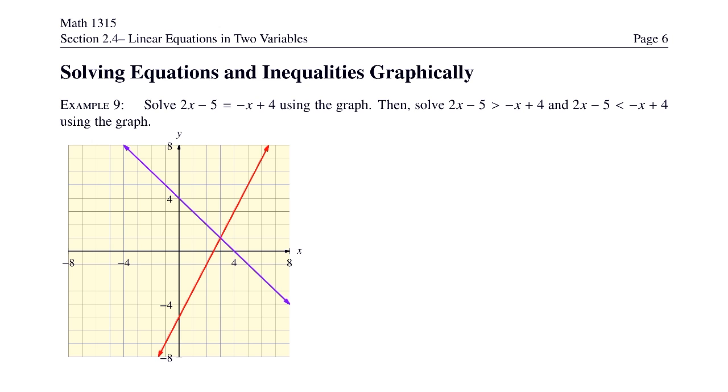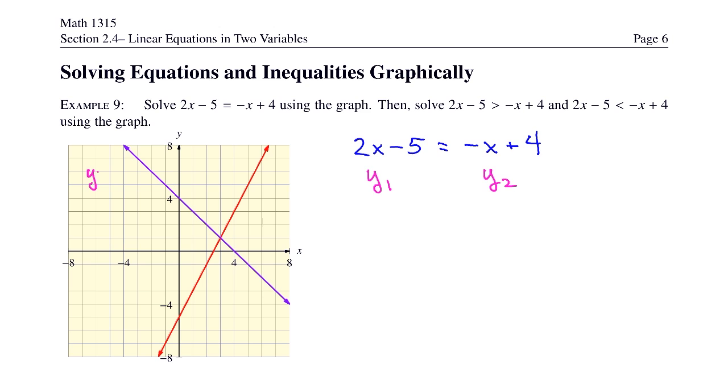First, let's solve 2x minus 5 equals negative x plus 4. To use the graph to solve this, basically what we do is we assign y1 to be one side. So y1 is going to be 2x minus 5, and we say y2 is equal to negative x plus 4. Notice that these are the two graphs that are listed on the left.